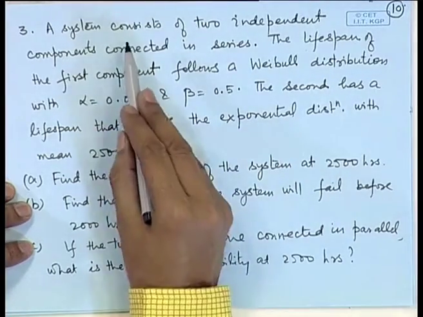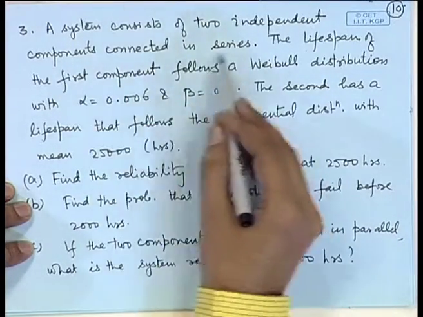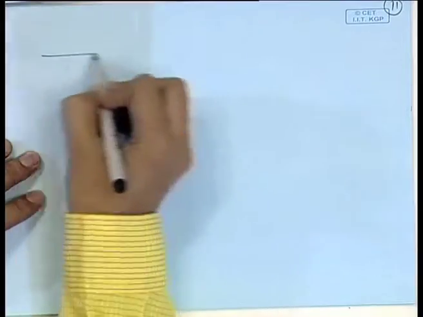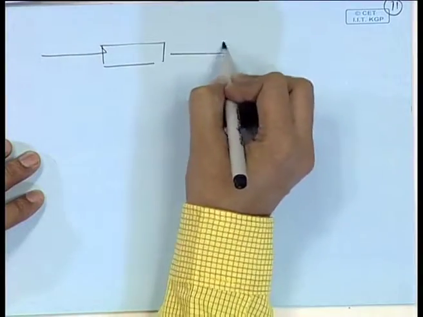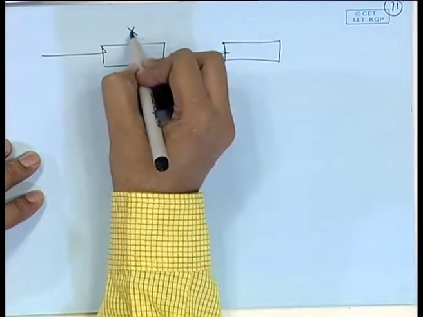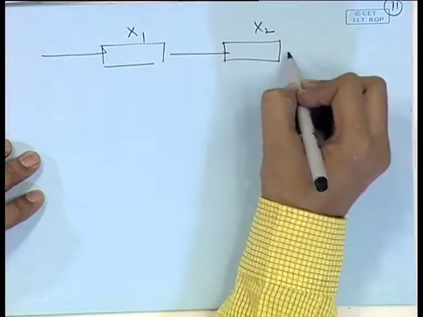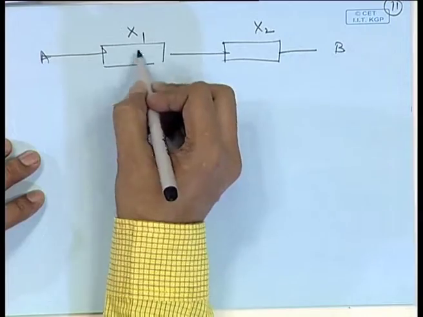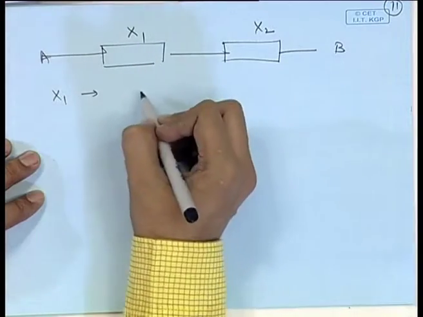So, here the two independent components are connected in series. Let us call this X1 and this X2. The first one, X1, has a Weibull distribution.